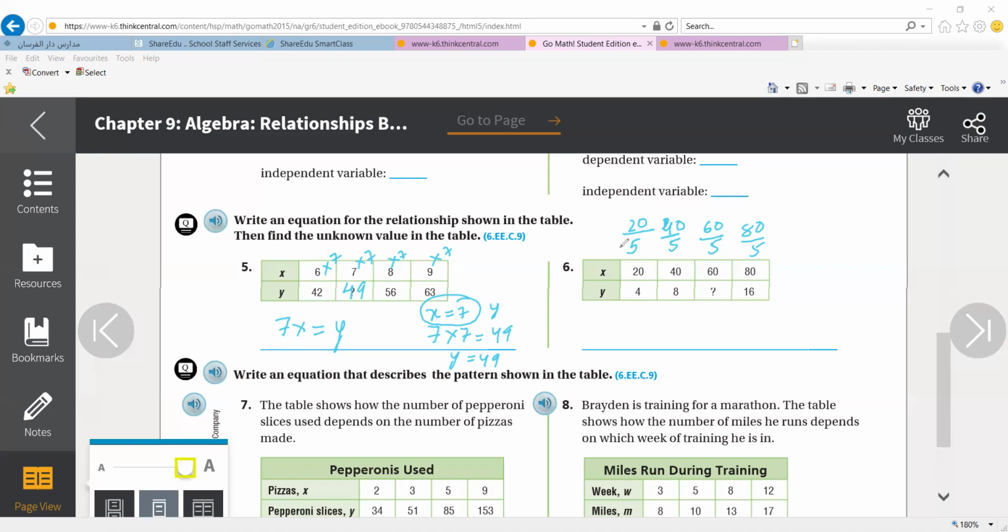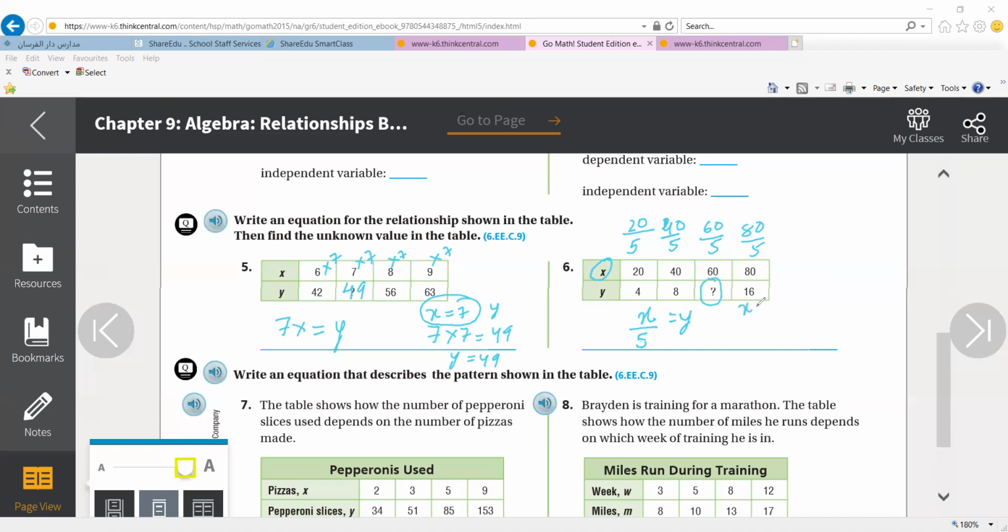Are you doing it? Sixth one, who will say to me? Ghalia, what is the relation between x and y? If x is 20, I have to divide with 5. x over 5. If I divide x with 5, I get my y. Now, similarly, they have put a question mark here. So what is the answer?